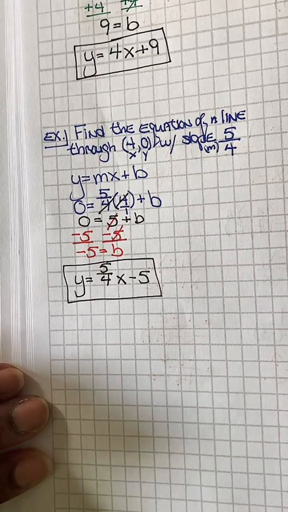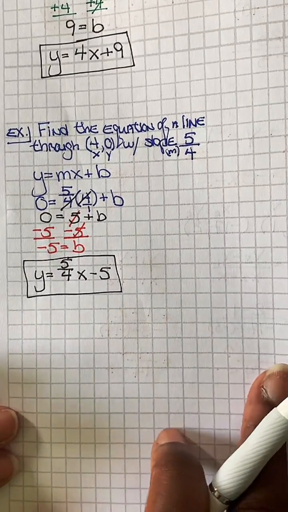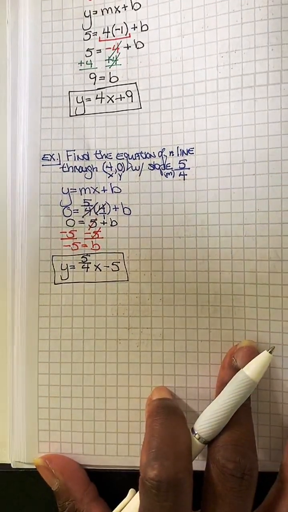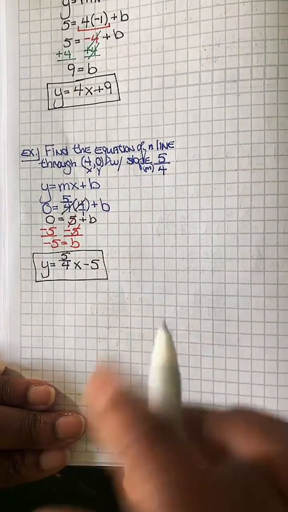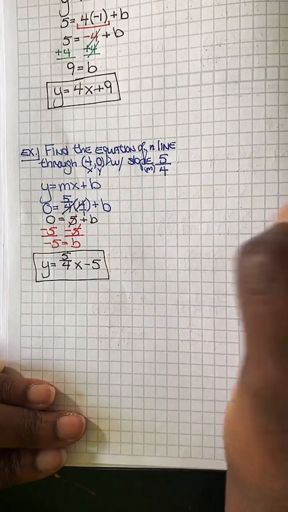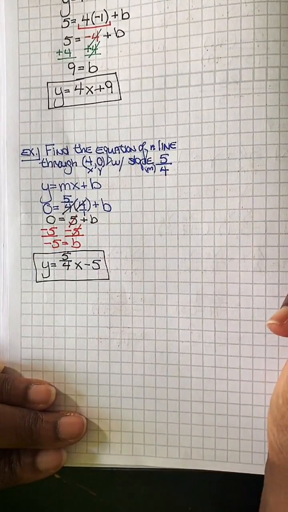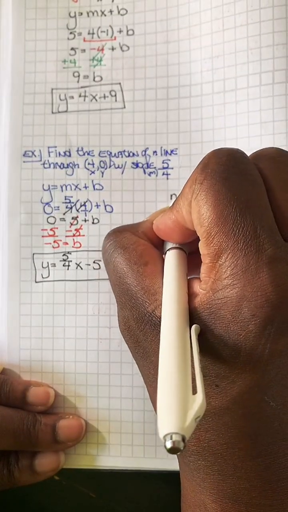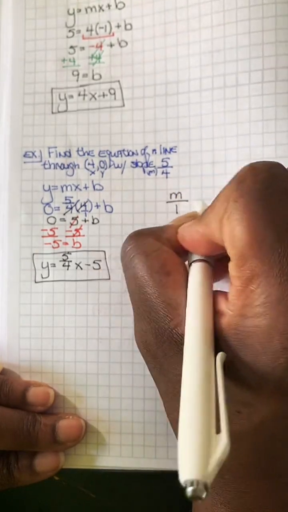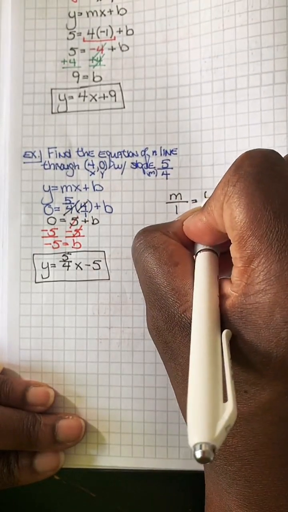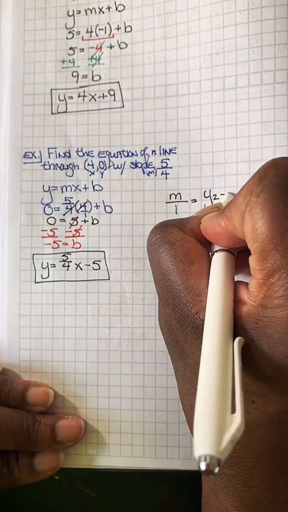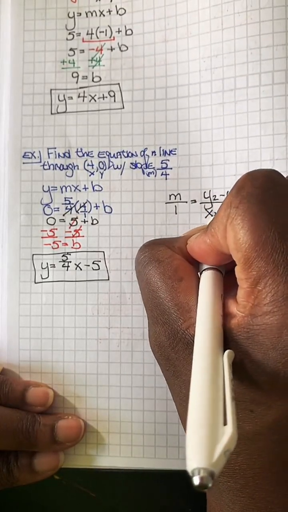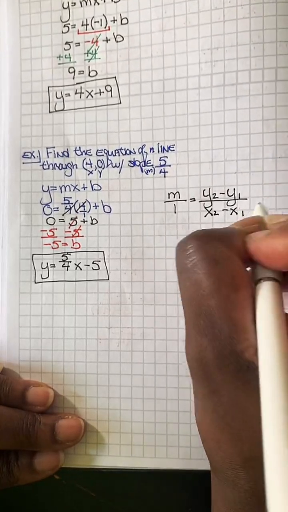Now, the other one is called point slope. Let me shrink a little bit, or a lot. So point slope basically takes the formula for slope and cross multiplies it. If I have m over 1 equals y sub 2 minus y sub 1, so I'm writing the formula for slope, over x sub 2 minus x sub 1.